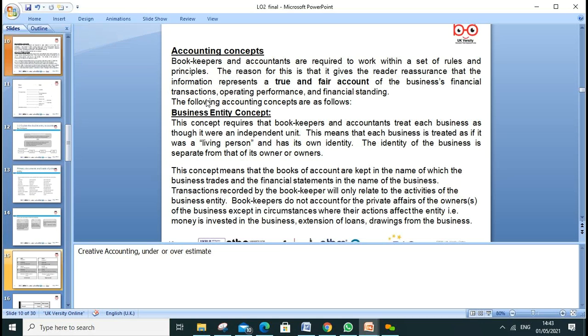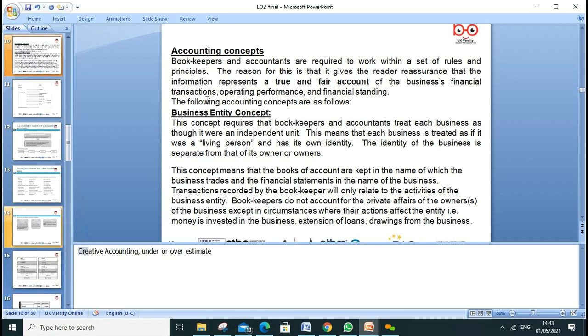So we should say the business is an independent unit. The business, or what we call the organization, is an artificial person. So the concept means we need to look at the business, the trade and the financial statement, which should be recorded separately in the accounts through the double entry bookkeeping system.